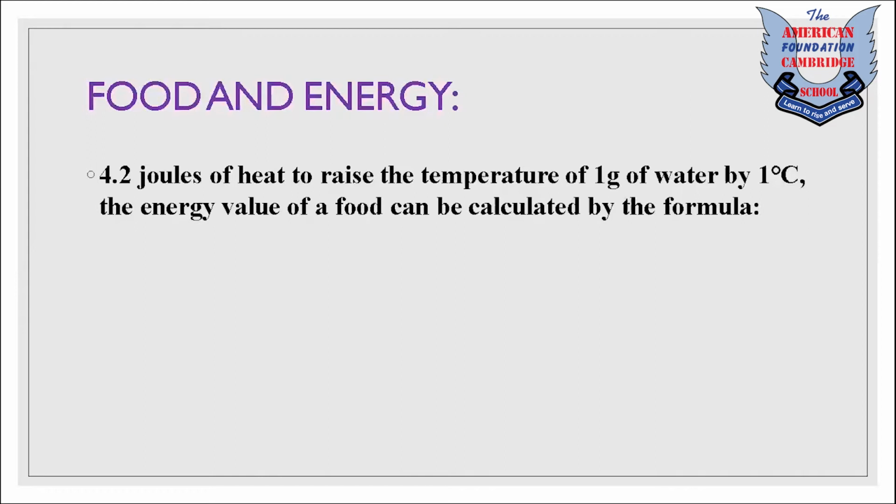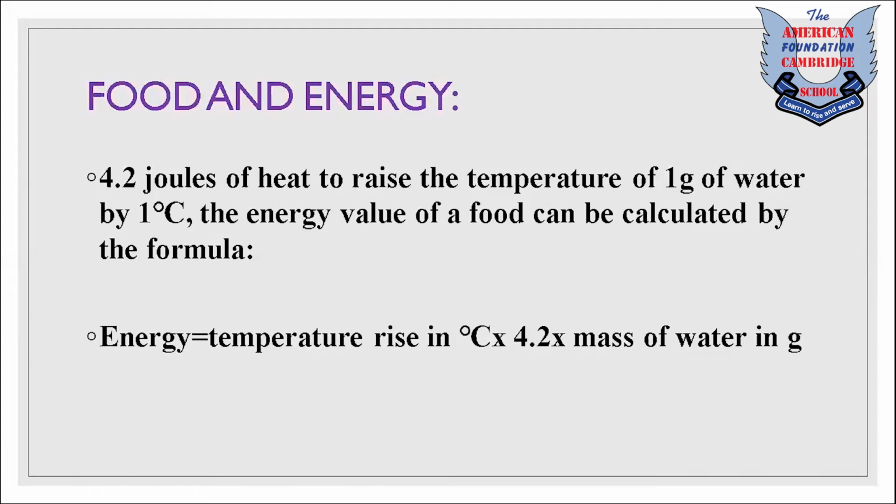The energy value of food can be calculated by the following formula. Energy equals temperature rise in degrees centigrade multiplied by 4.2, which is a constant here, multiplied by mass of water in grams. For example, you can put 1 because it is increasing 1 degree centigrade, multiply it by 4.2 and multiply it by the grams of water.